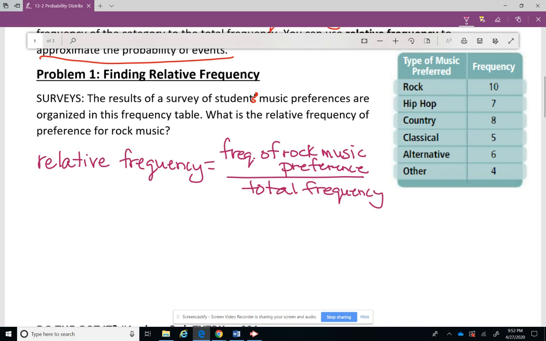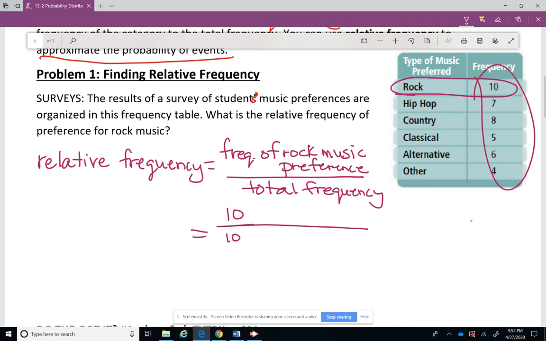So the first thing you have to do is go find rock, and you see that it's 10. So it's going to be 10 out of, and what you're going to have to do is add up all those numbers. So it's 10 over 10 plus 7 plus 8 plus 5 plus 6 plus 4.